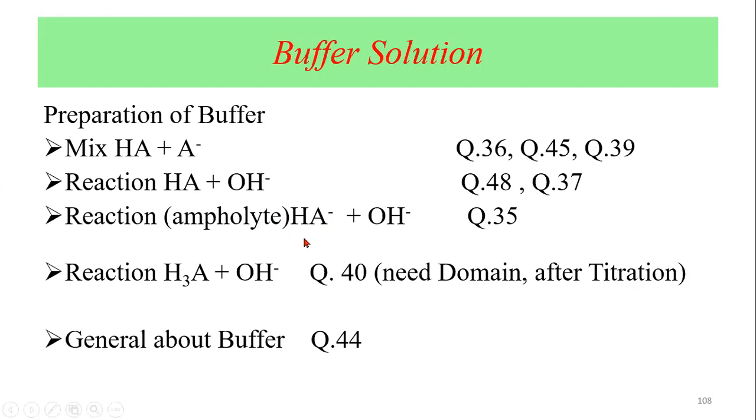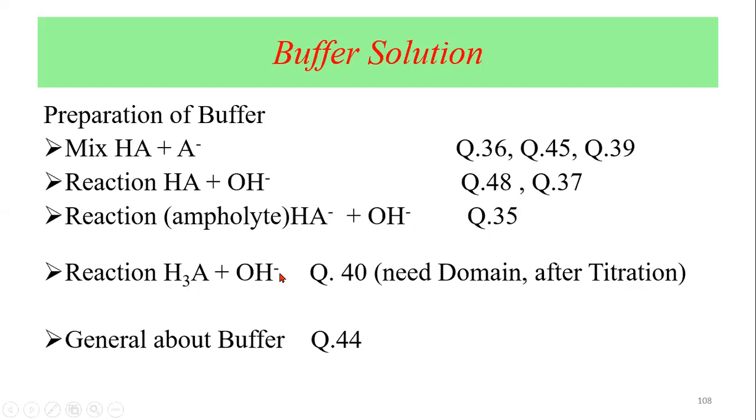Of course, I could also take this ampholyte and react it with H3O+. Then, again in limited amounts, I end up getting H2A and HA-, which is another couple, also a buffer, but of course at a different pH.